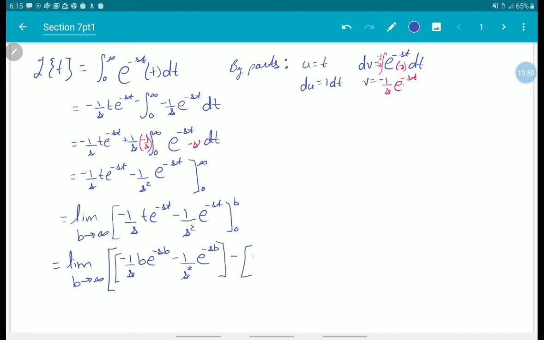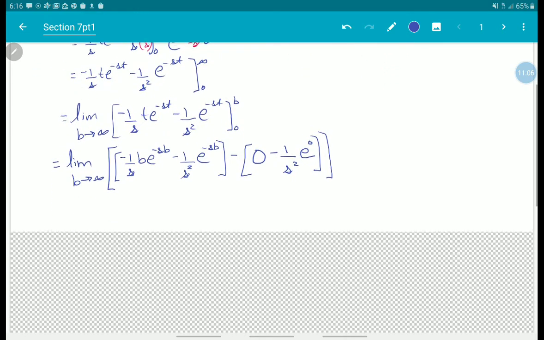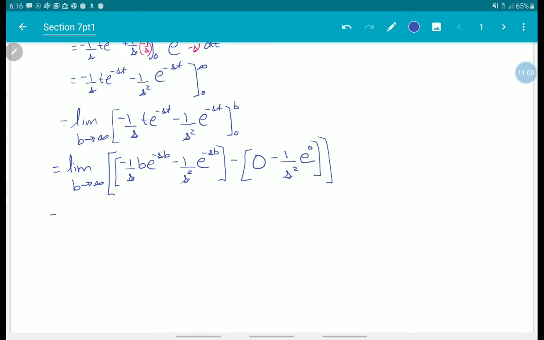Subtract. And then if we plug 0 in to that first one, we're going to get 0. Remember, it's going in for that t. Minus 1 over s squared e to the 0. So I'm going to do a rewrite here.